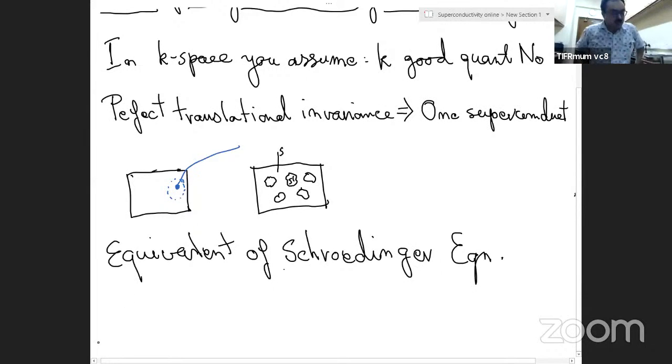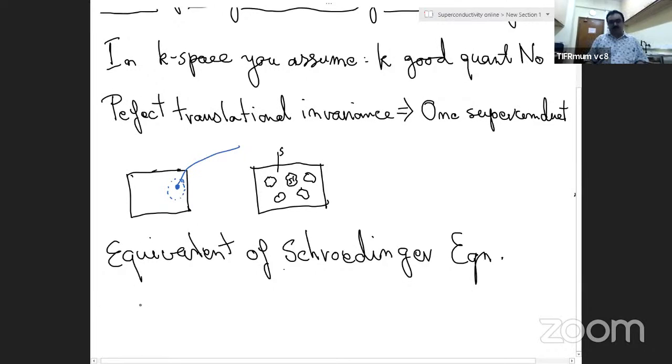However, here things are not as easy because electrons and holes get coupled together to form something which is a Bogoliubov quasiparticle. So I have a strange Schrodinger equation where the electron and hole are not independent, but coupled to each other.